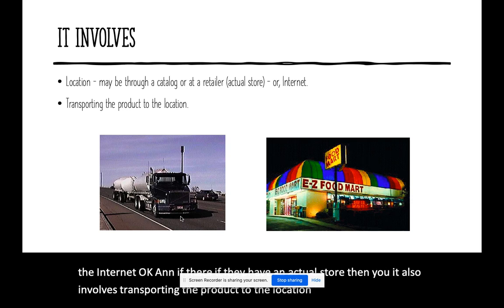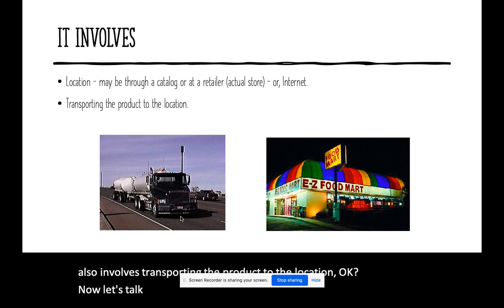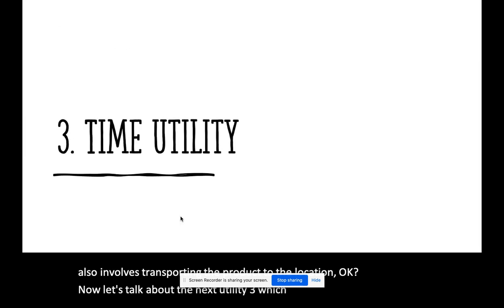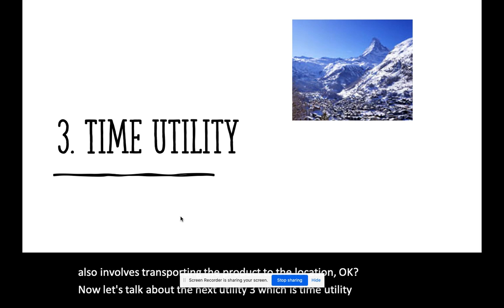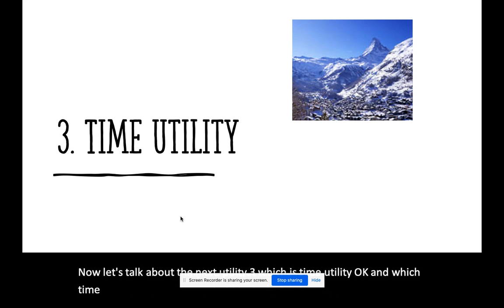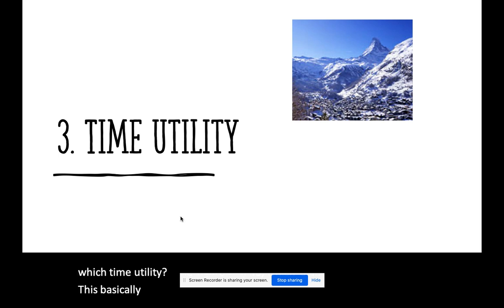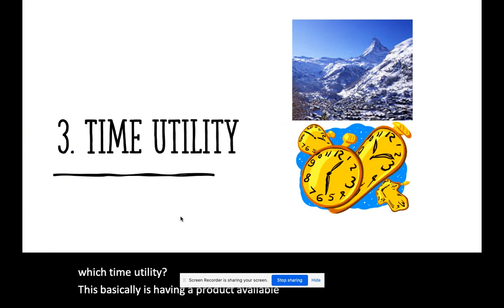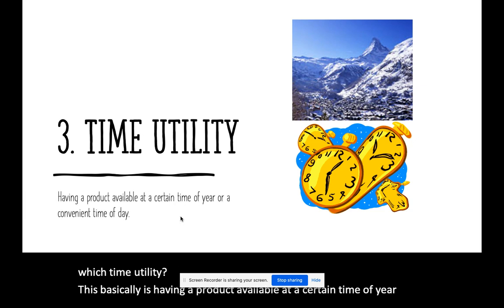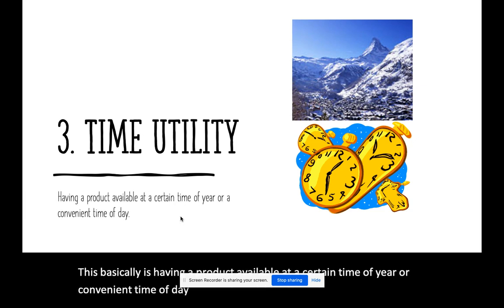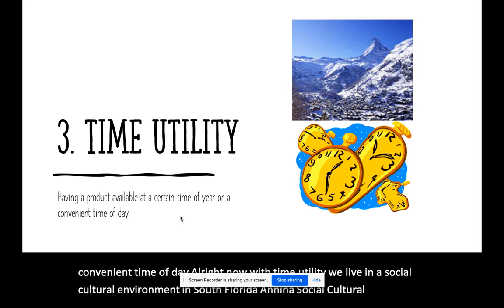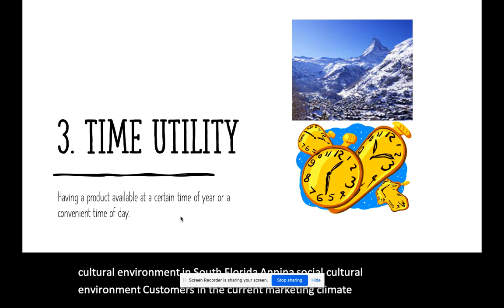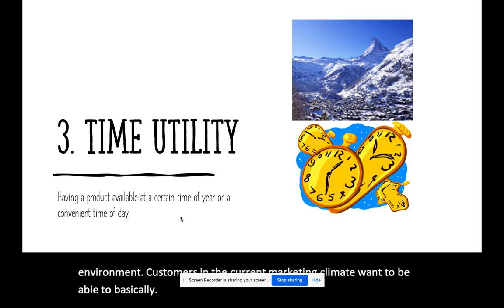Okay, now let's talk about the next utility, number 3, which is time utility. With time utility, this basically is having a product available at a certain time of year or a convenient time of day. All right. Now, we live in a social cultural environment in South Florida, and in the current marketing climate, customers want to have what they want when they want it.